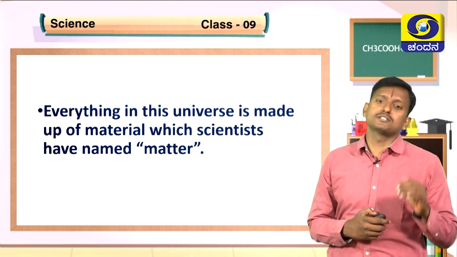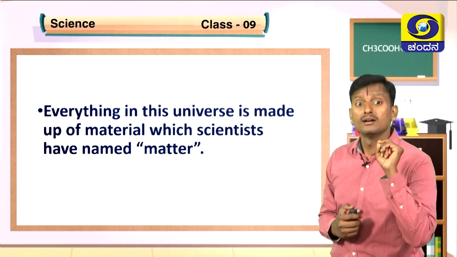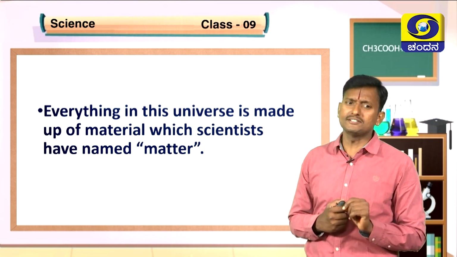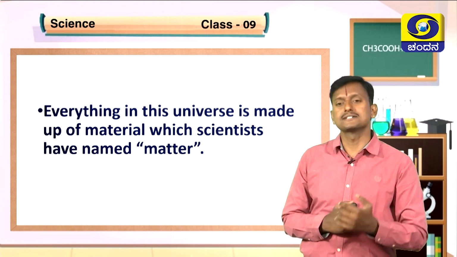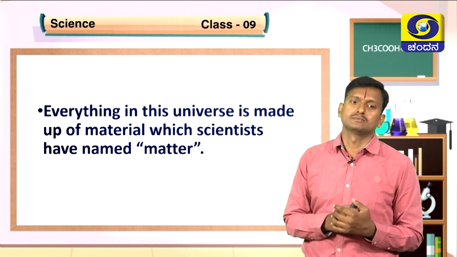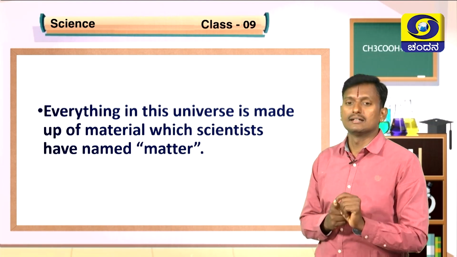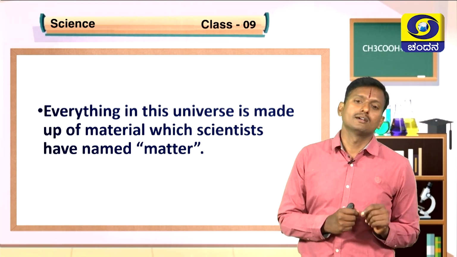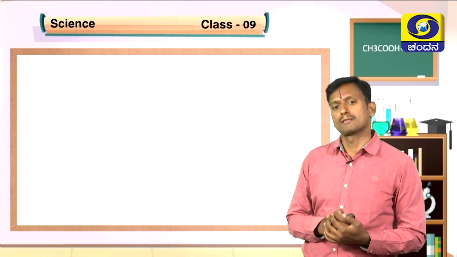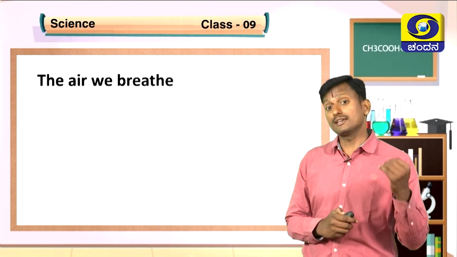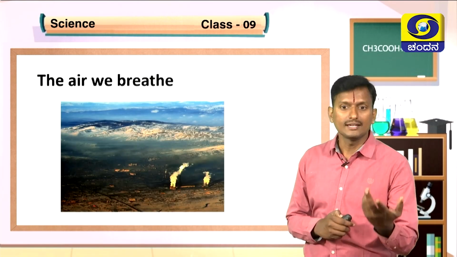Everything in this universe is made up of materials which scientists have named matter. Everything in this universe made up of a material is called matter. That means the air we breathe is matter.